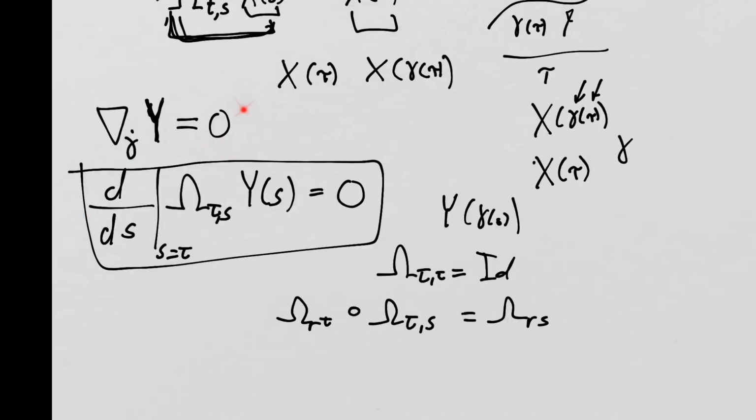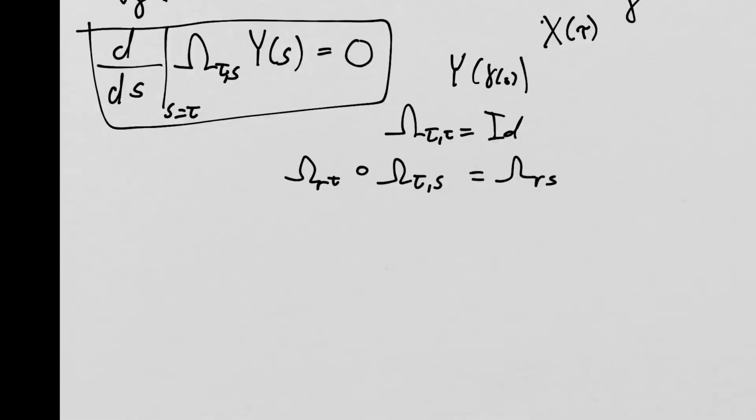So now I want to show why this expression and this expression are the same. And to do that, let's remind ourselves that y of t is omega, drag from s to t, of y of s. I said gamma, but I meant y of t. So the autoparallel vector at t is the autoparallel vector field at s run through this operator.